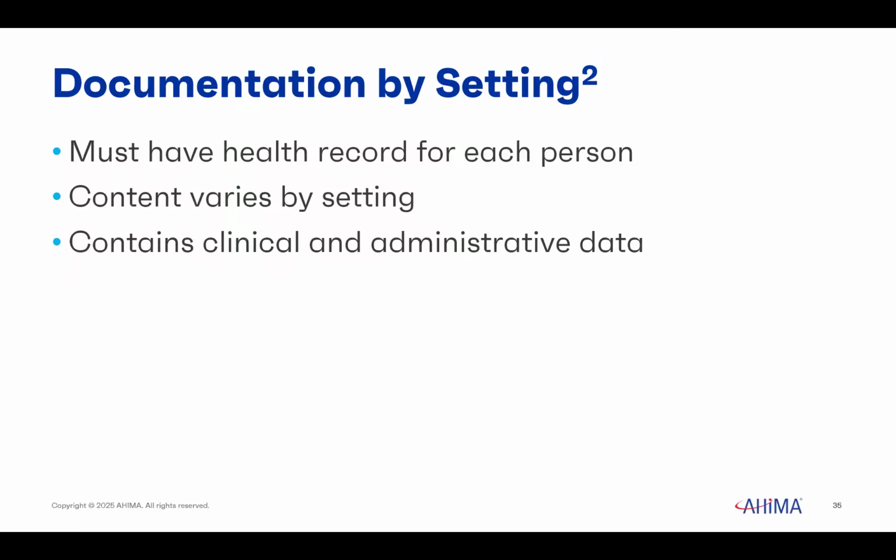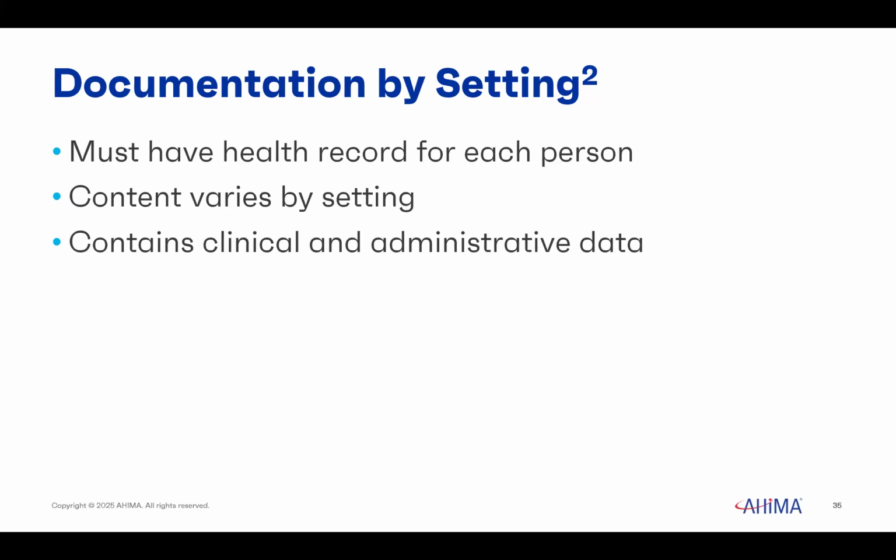Each person has to have a health record, right? Sounds kind of easy until you think about twins, obstetrics, some of these other things, right? If you think back to when you took ICD-10-CM coding, you can have a maternal condition, pregnancy complicated by, and then you can have a newborn condition.